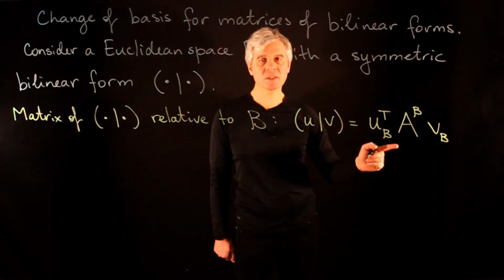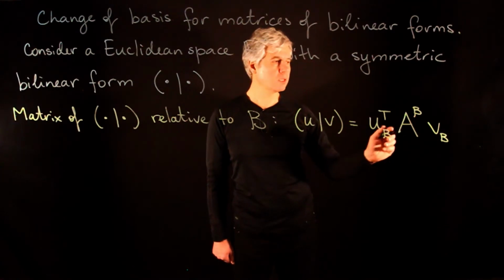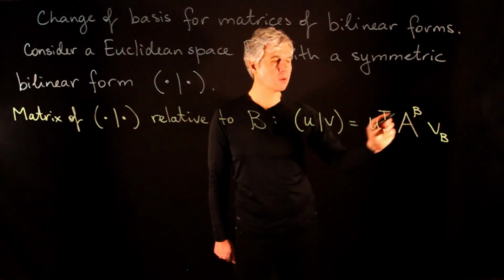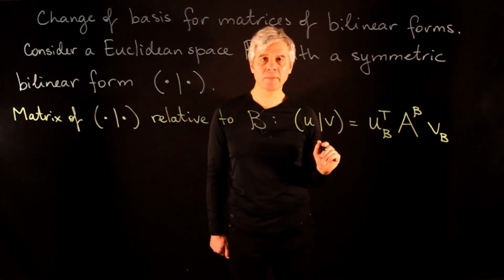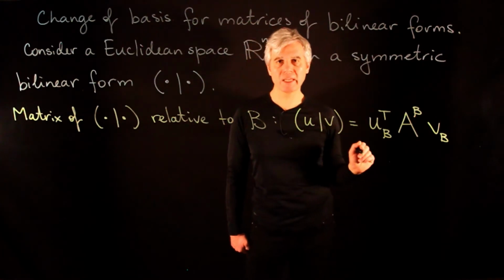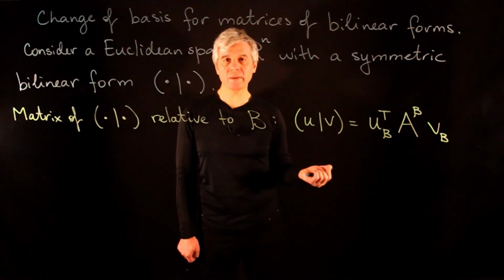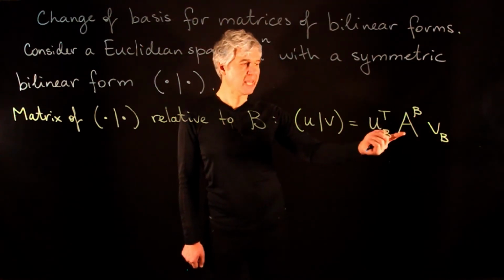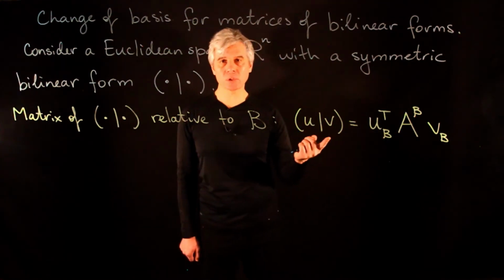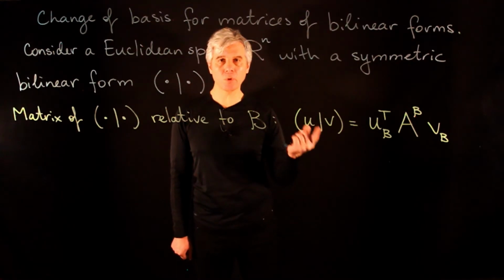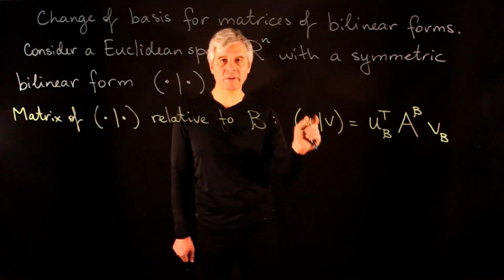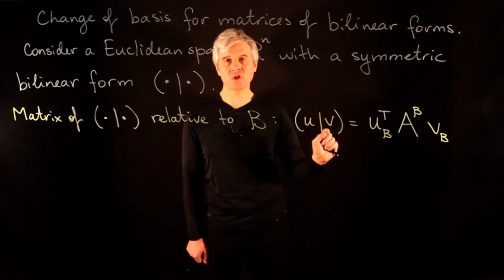For matrices of bilinear forms, we are going to write the symbol b on the top to distinguish them from matrices of linear operators. This matrix can be computed for any basis, and its entries are just values of the bilinear form evaluated on the two basis vectors vi and vj.